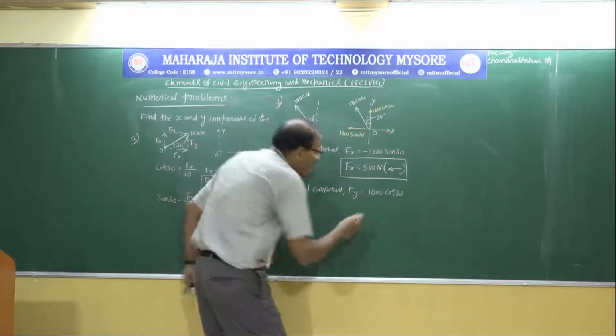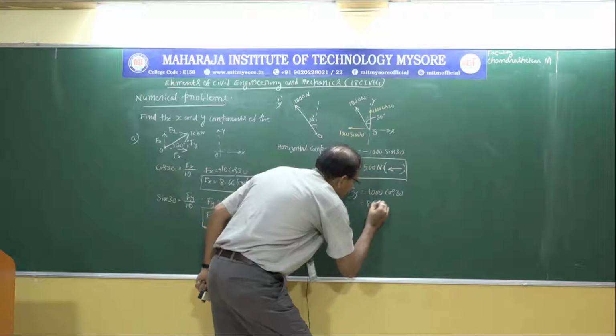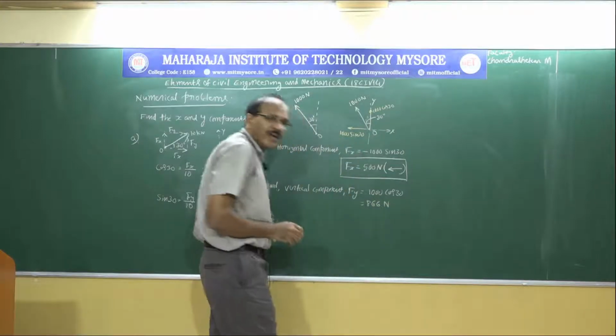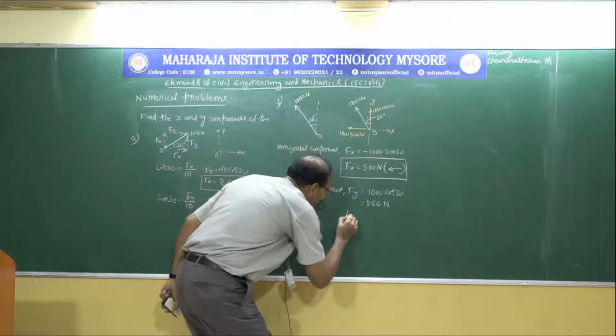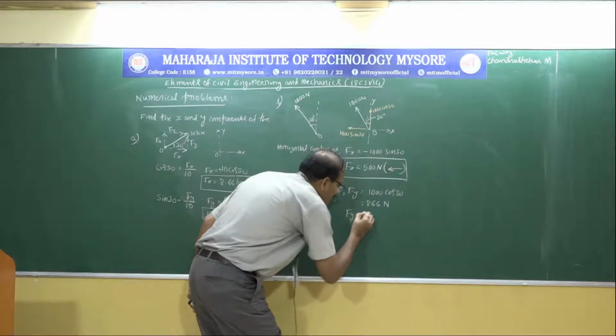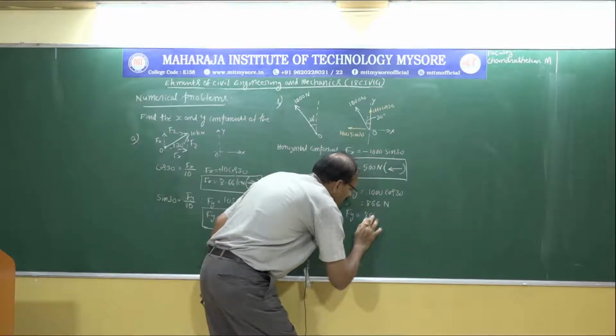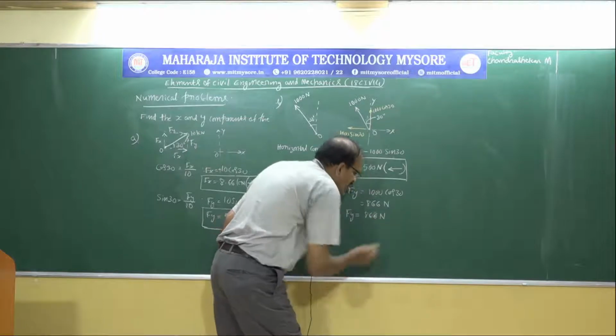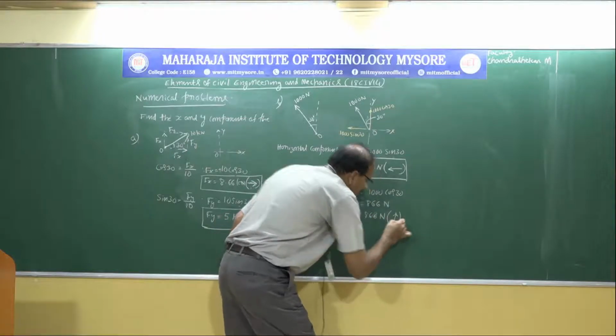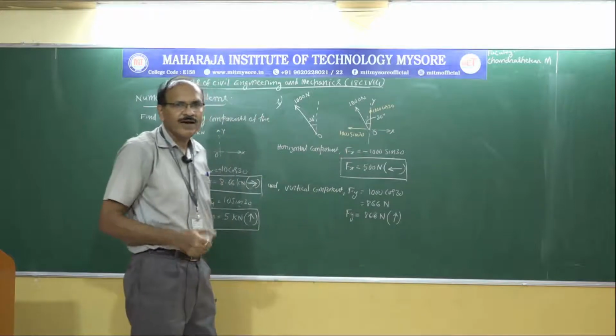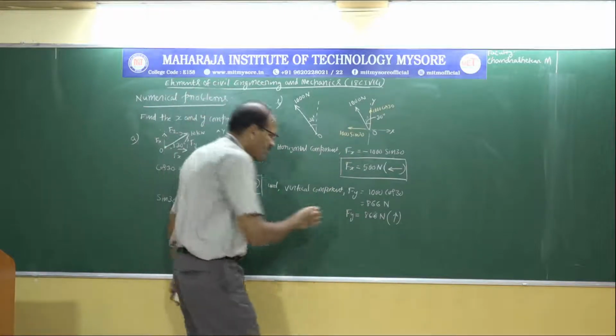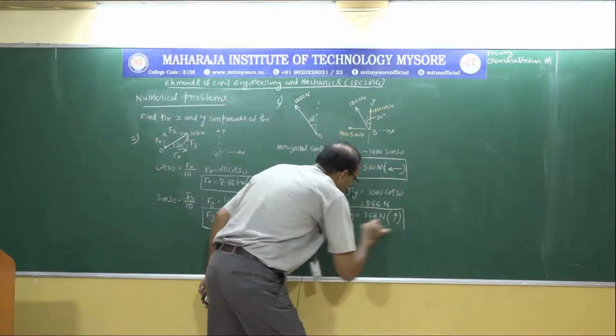So 100 cos 30 is 86.6 Newton, Fy. So finally, when you write the final result, you must write 86.6 Newton and you must show this arrow as acting upwards. So this is the vertical component.